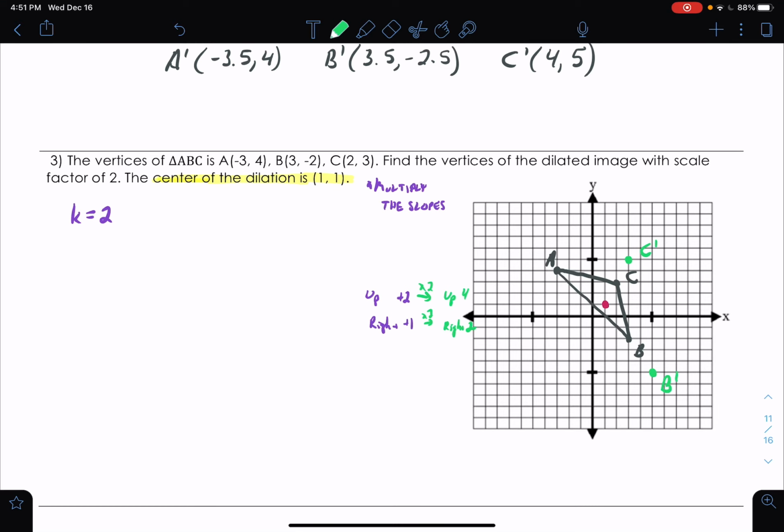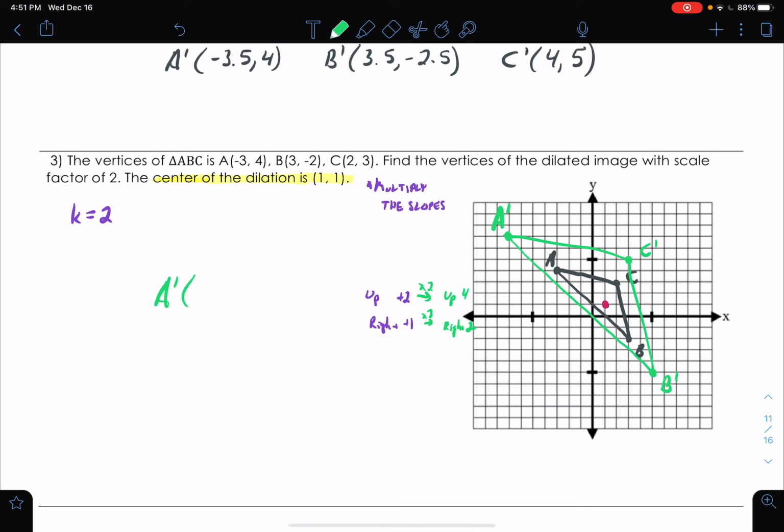Instead of going to the left 4, I'm going to go to the left 8. And that's the location of A'. Okay, so there is A', B', C', which is an image that's been doubled, centered at 1, 1.